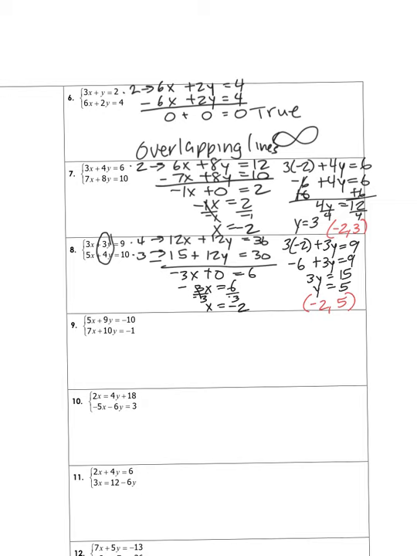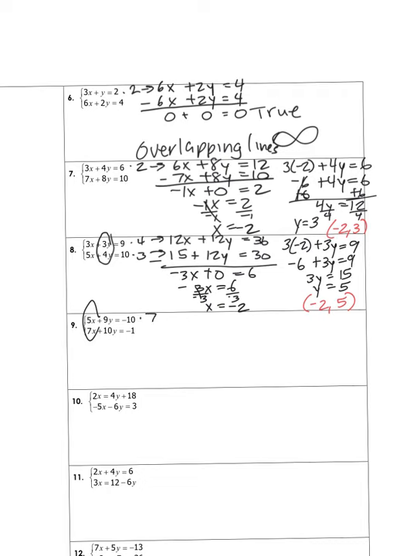Number 9. I want you to pause for a second and think, what would be the easiest term to cancel out here? We're going to have to multiply both of these equations by something to get one of the variable terms to cancel out. And I think, after reflecting for one moment, that this set of variable terms will be easier to cancel out because it'll be smaller numbers.